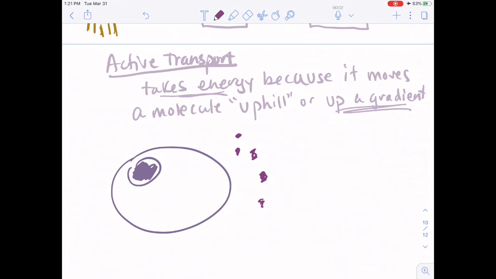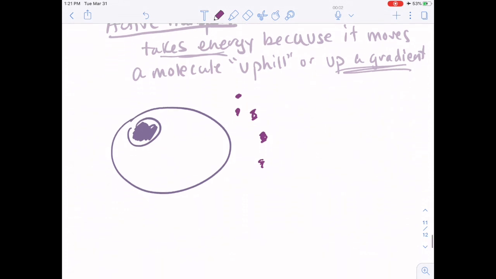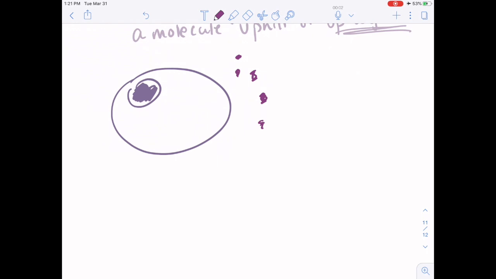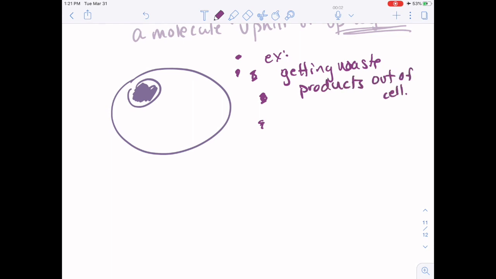Perfect. All right, another example of active transport besides waste products. So let's see, example, getting waste products out of cell.